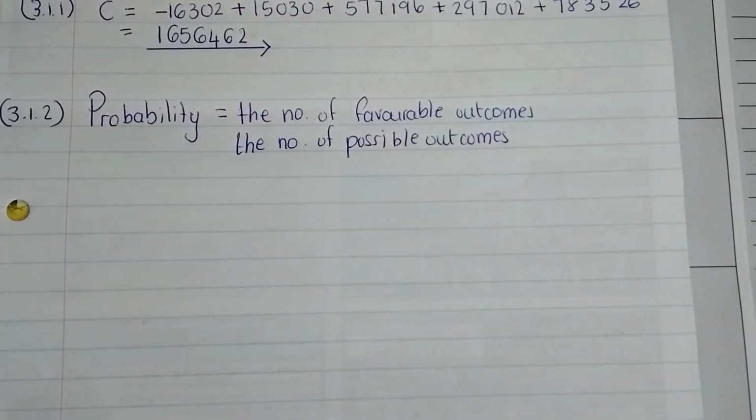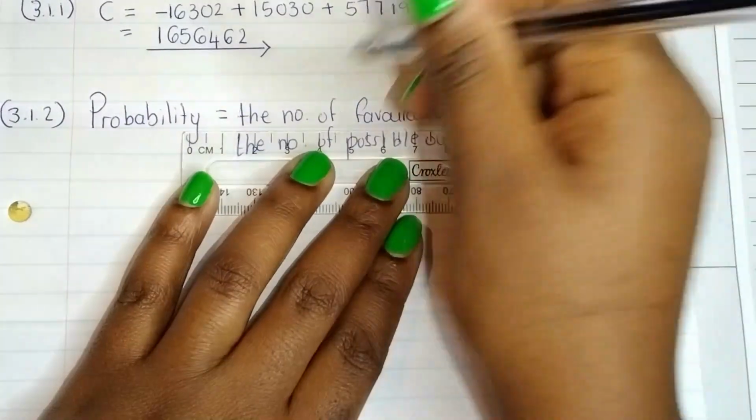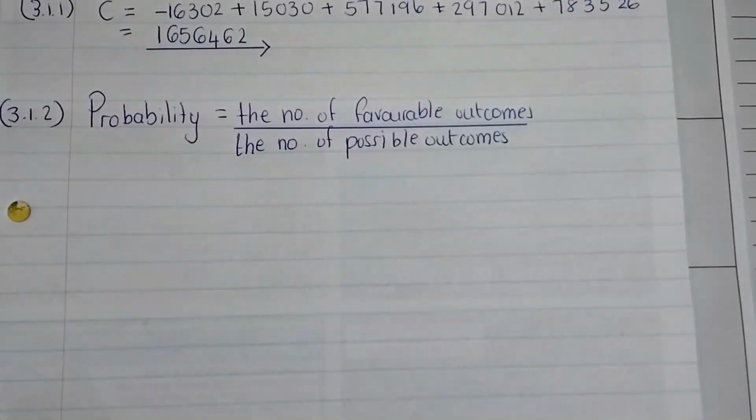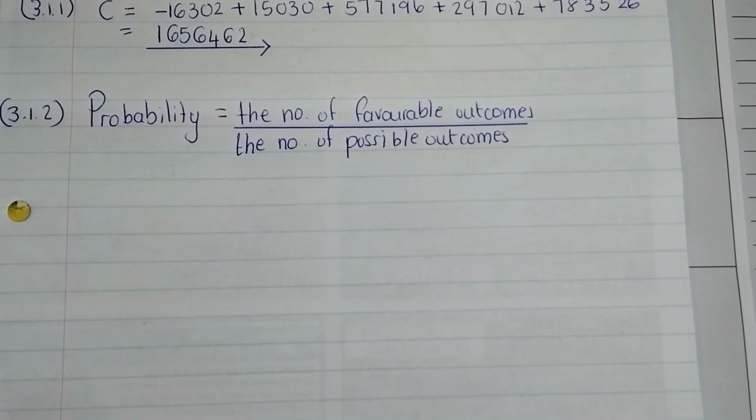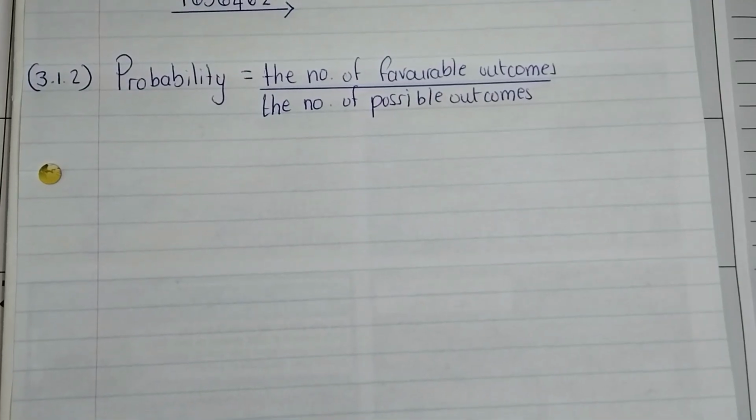So that is the formula for probability: the number of favorable outcomes divided by the number of possible outcomes, or the number of total outcomes. So we're going to start off there by just asking ourselves, what is the formula for probability, okay?